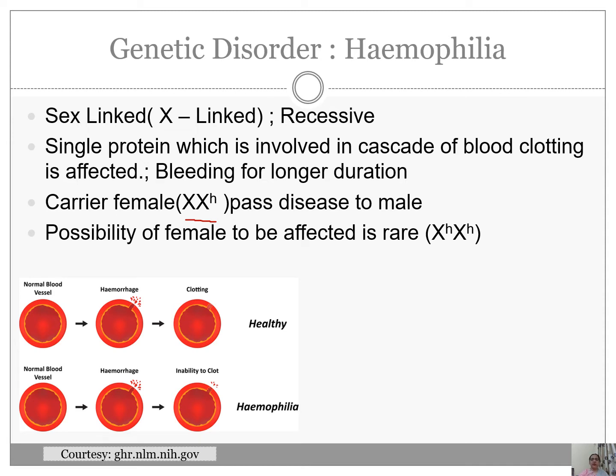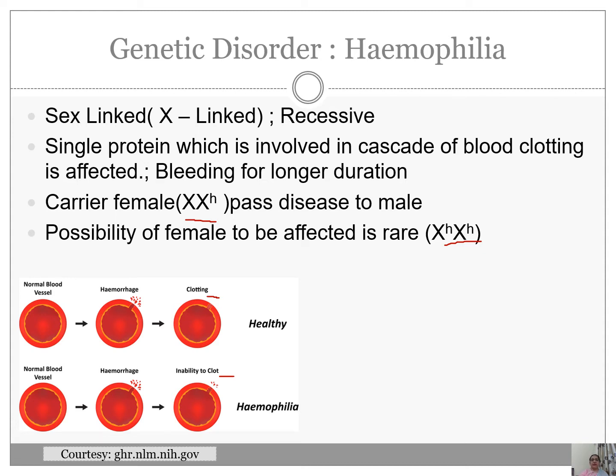The possibility of females being affected is very rare as it requires two recessive alleles, and for this the male has to be hemophilic and the female has to be a carrier. Only then can a female progeny be affected. In this diagram you can see clot formation in a healthy person and an inability to clot in a hemophilic person.